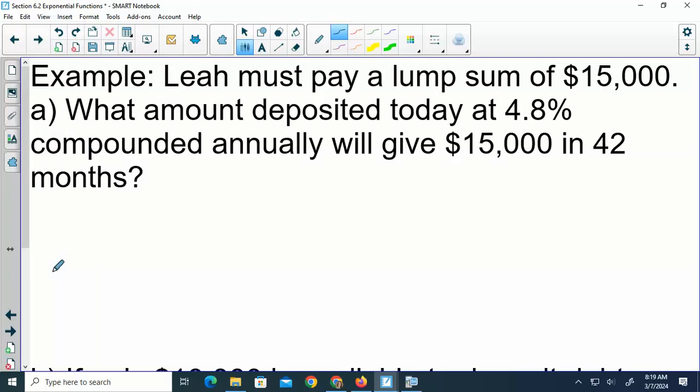Let's look at this. Leah must pay a lump sum of $15,000. Part A. What amount deposited today at 4.8% compounded annually will give $15,000 in 42 months?